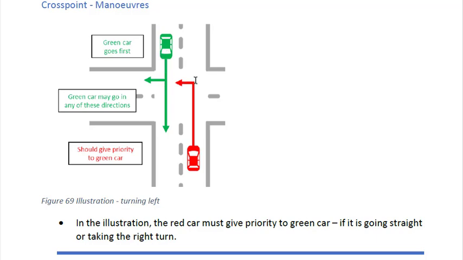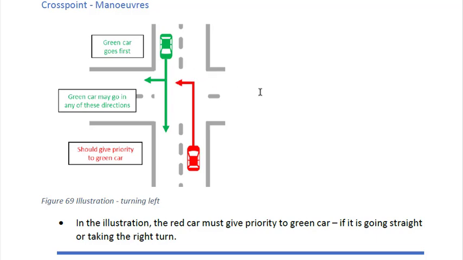So it must first give priority to the green car. The green car might want to go right or straight, it doesn't matter. The green car goes first, and only then can the red car use the lane of the green car to change the road. So the red car waits, the green car goes first, and then the red car goes.